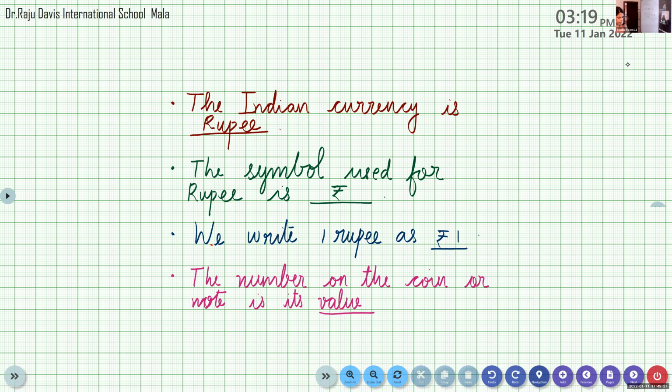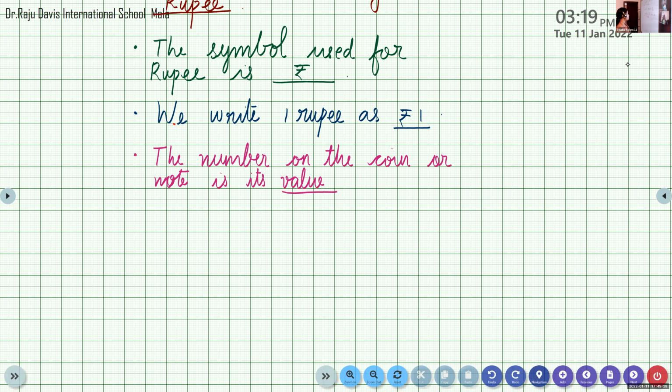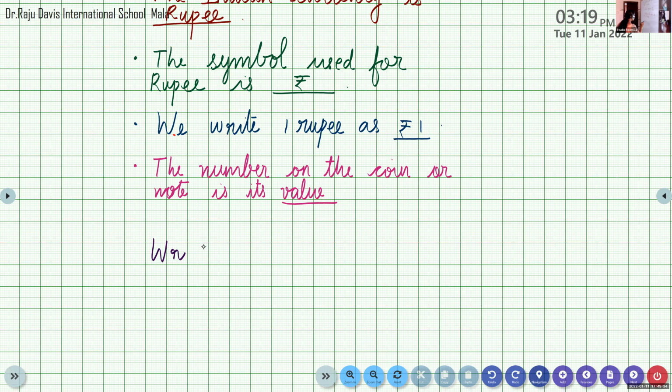You can take a fresh page. Write in figures. That is a question. And here we have the first question. 1 rupee.